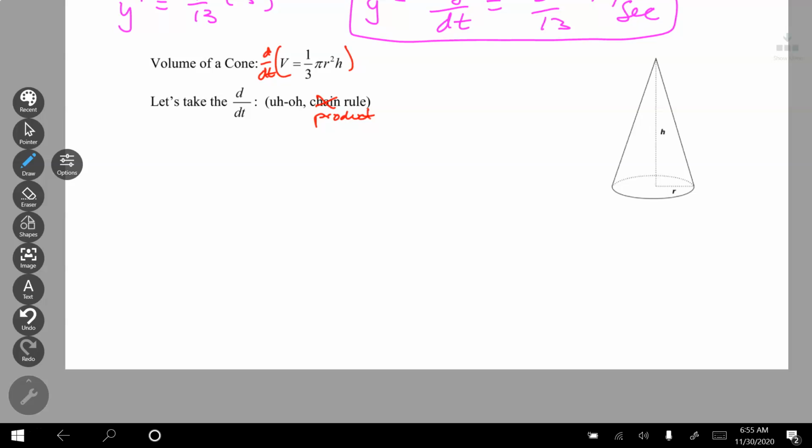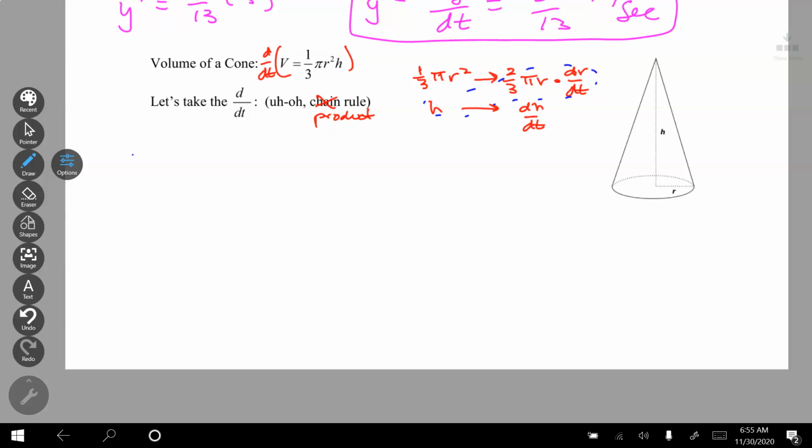So if I look carefully, I have 1/3 pi, which is not a variable, r squared, and its derivative is going to be 2/3 pi r times dr over dt, and then I have h, and its derivative is dh over dt, or h prime, depending how you want to write this. I do my crisscross. I'll do this way first.